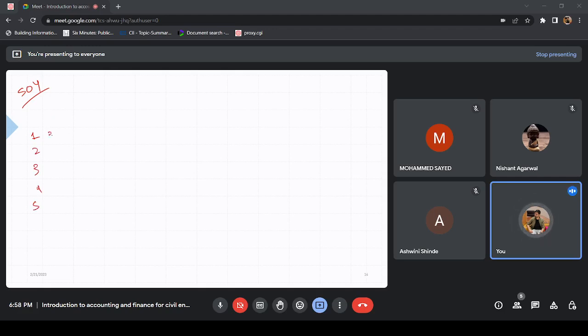Book value at the starting is 350. What is depreciation in the first year? I would write it as 5 by 15 into 350, right?